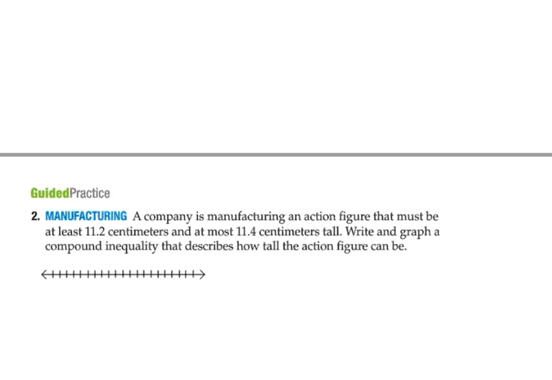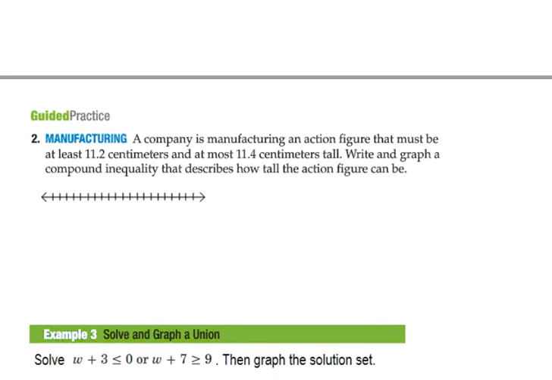Okay, we're going to do the guided practice 2 together. It says the company is manufacturing an action figure that must be at least 11.2 centimeters and at most 11.4 centimeters tall. Write and graph a compound inequality that describes how tall the action figure can be. So I'm going to go back to this. At least 11.2 centimeters, so it can't be smaller than that, but it can't be bigger than this.